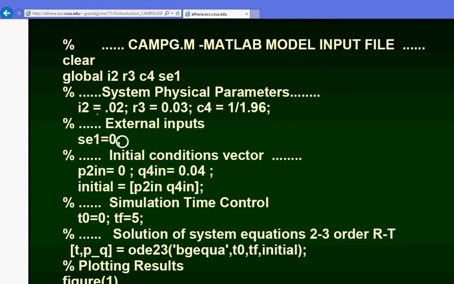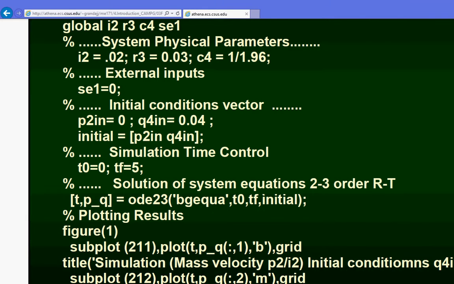It's time, the solution of differential equations, Runge-Kutta integration routine, or you could use ode45. There are others also. This commands MATLAB to return the values of P and Q based on the way we set it up.